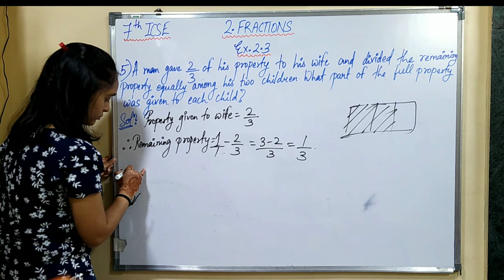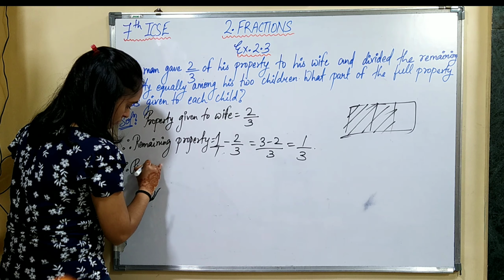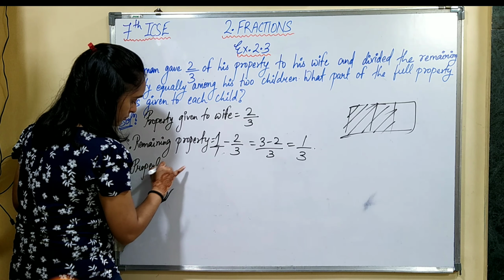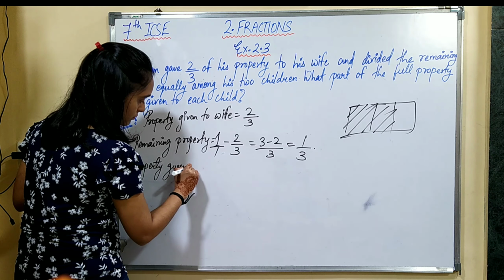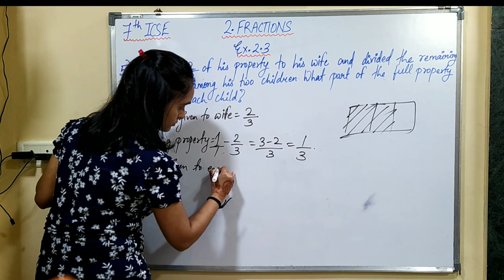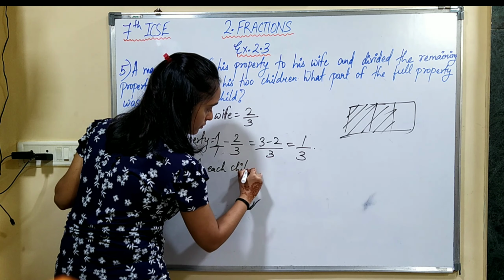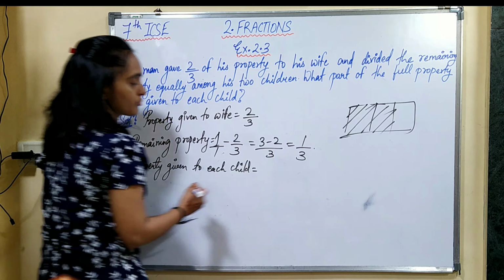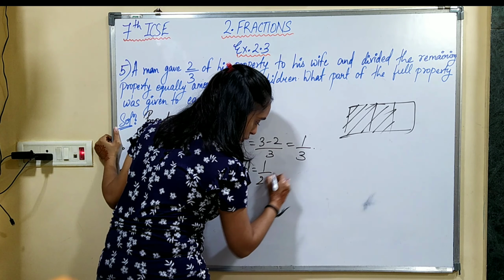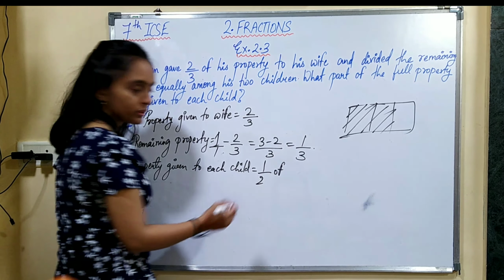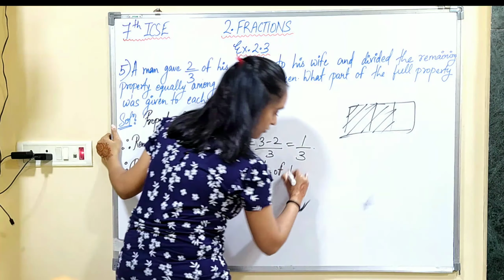So therefore property given to each child will be half of the remaining property.